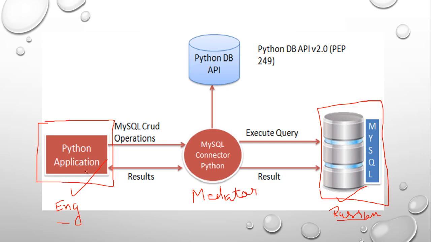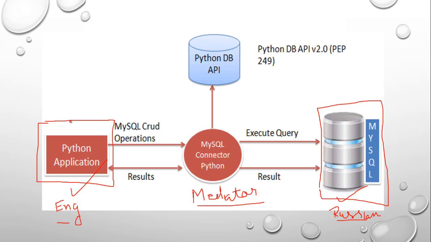Whatever statement is told by this person in English, the mediator converts into Russian, and whatever answer is given by the Russian person in Russian, the mediator converts into English. So this mediator is required to perform communication between these two persons.